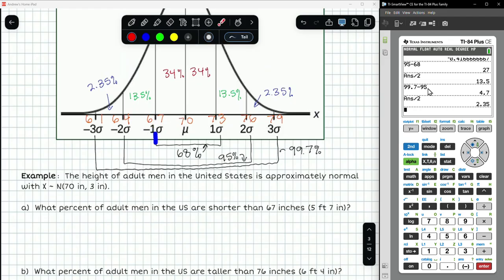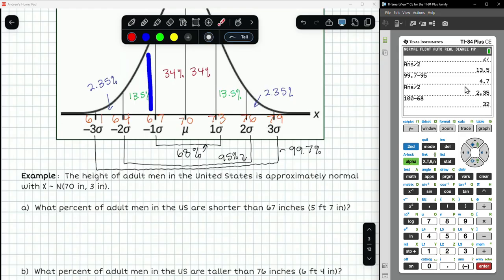Notice it's outside of that 68. I want this area here. So what I want is 100 minus 68. I want to remove that chunk, and then I want to cut it in half. So 100 minus 68 is 32.